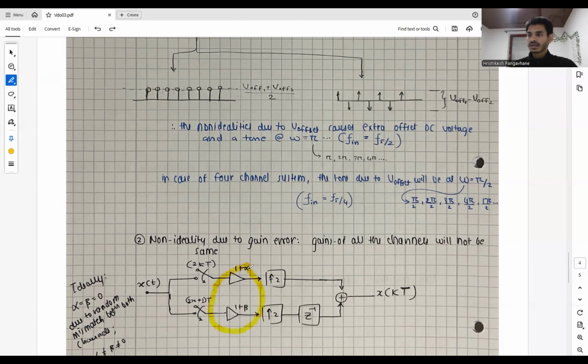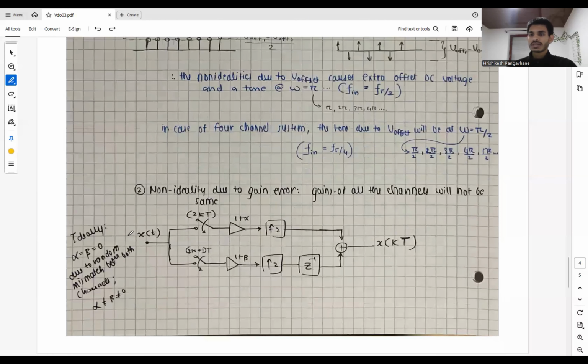Ideally we considered the gain to be the same, which is why we were not deviating from the ideal outputs. But in reality we will also face a gain error, and that's why we will also face non-idealities. Let's say there is a gain to our signal, represented by 1 plus alpha and 1 plus beta.